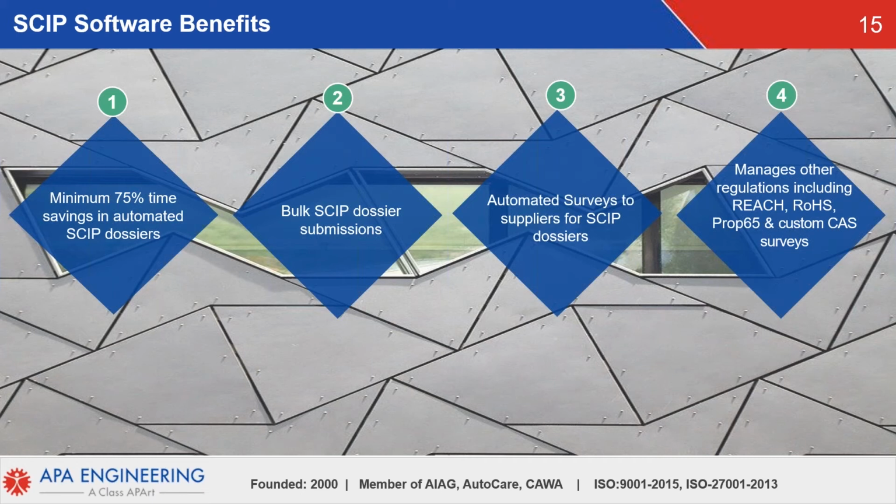Automated surveys to SCIP dossiers, especially for companies in the non-automotive sector. Instead of the traditional spreadsheet method, it can replace the supplier survey and act as centralized software. It also manages other regulations such as REACH, RoHS, Prop 65, and many other custom surveys. All are linked to a part number, and even company-level surveys can be managed.